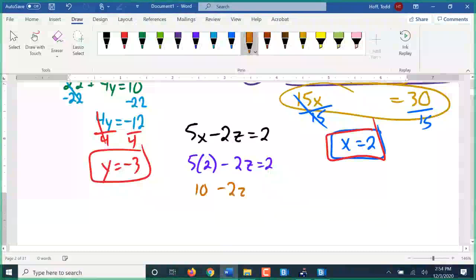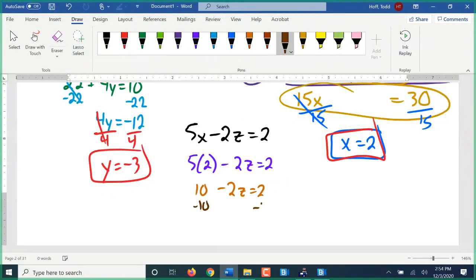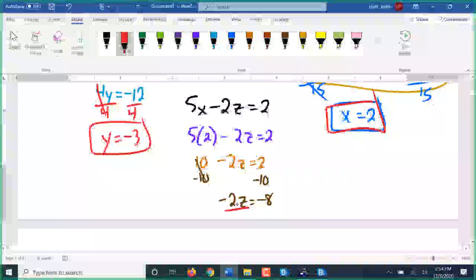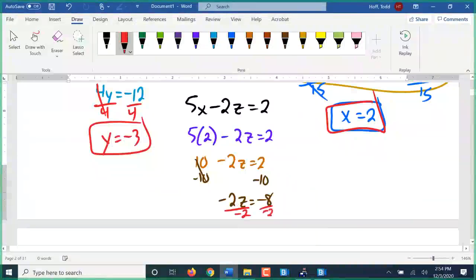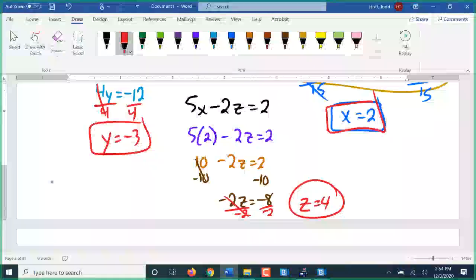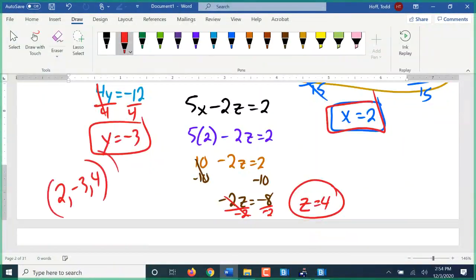Minus 2z equals, we'll subtract the 10. Negative 2z equals negative 8. And we divide by negative 2. Z equals 4. So we get x is 2, y is negative 3, z is 4.